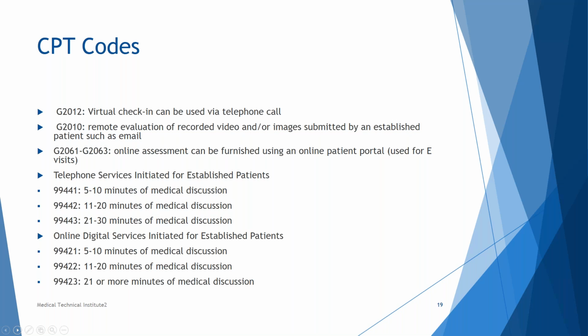So basically, however long the conversation was via telephone, the code range will be 99441 to 99443, as well as the online digital services initiated for established patients. And notice these are established patients. Of course, these are time incremented as well. Code range 99421 to 99423.